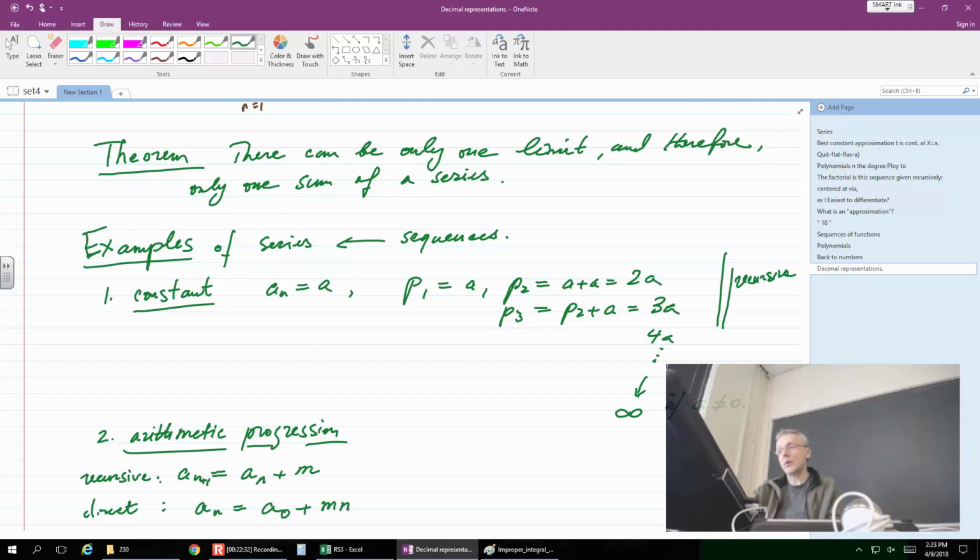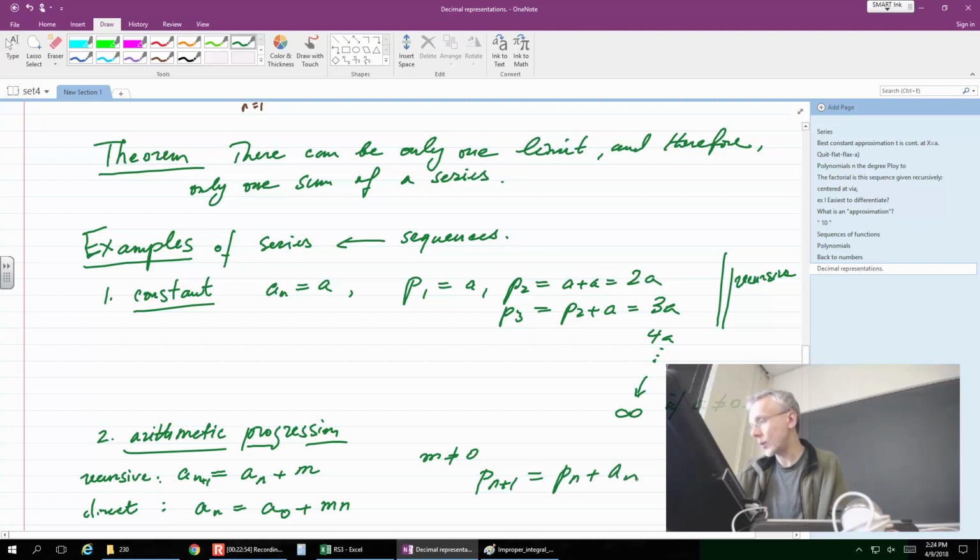But that is now, we're moving on to series. So every time I add m, every time mn is being added, and then once again, if m is not equal to 0, what's going to happen? If m is not equal to 0, then I have p n plus 1 is equal to p n plus a n, which is p n plus a naught plus m n.